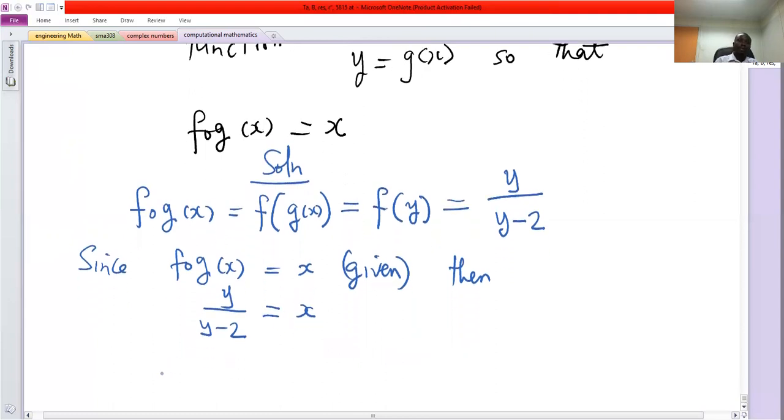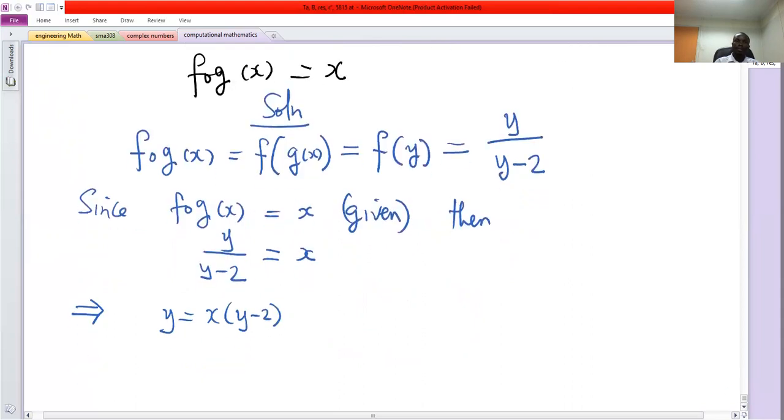So cross multiplying, we have y equals x into y minus 2, which means y equals xy minus 2x, which means 2x equals xy minus y.